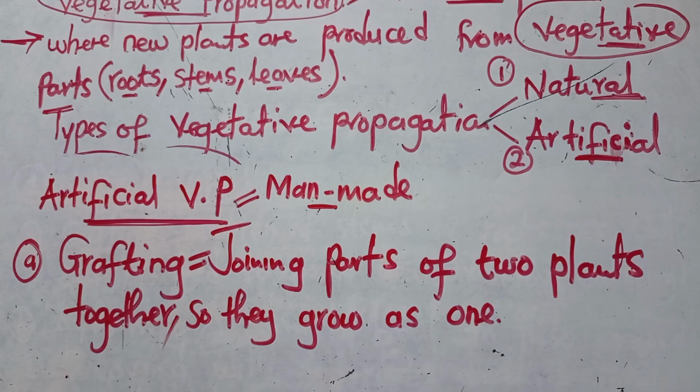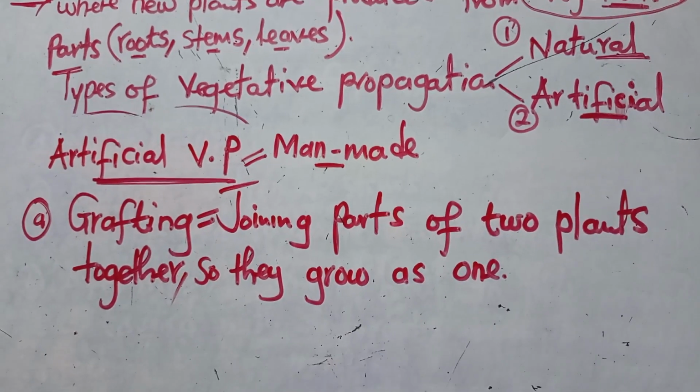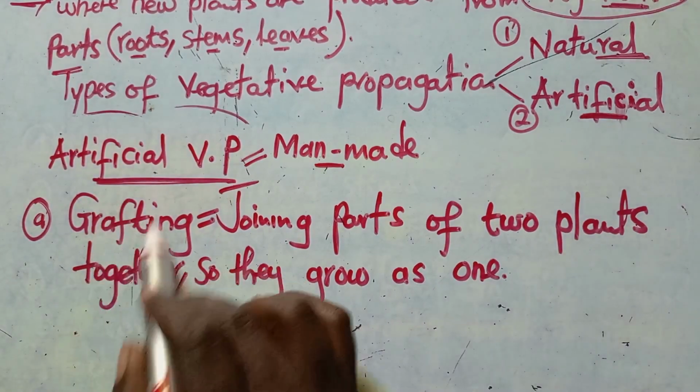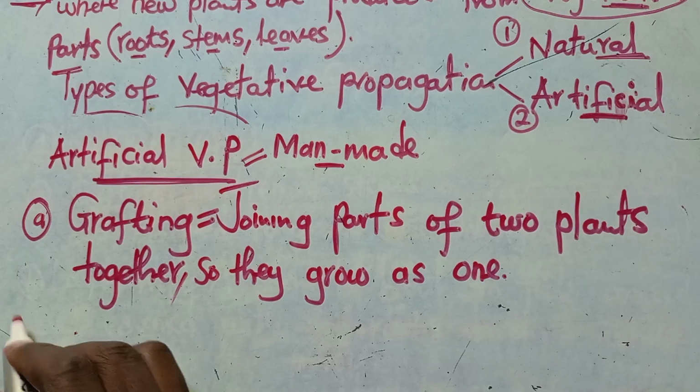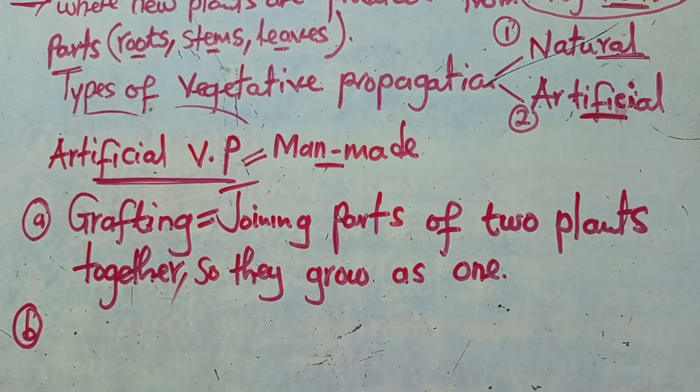So that is what we call grafting. Mostly, grafting occurs in fruit trees. We proceed and move to the next one.